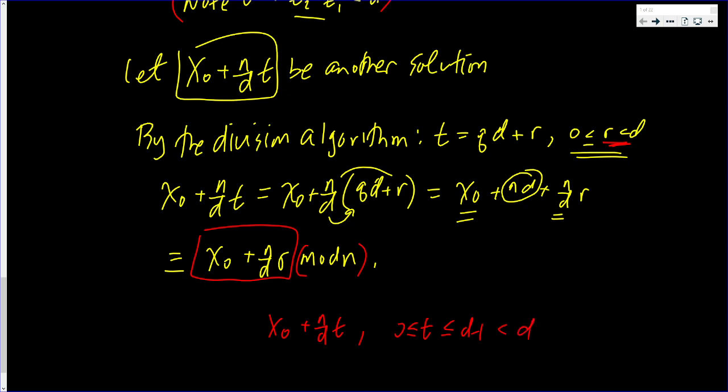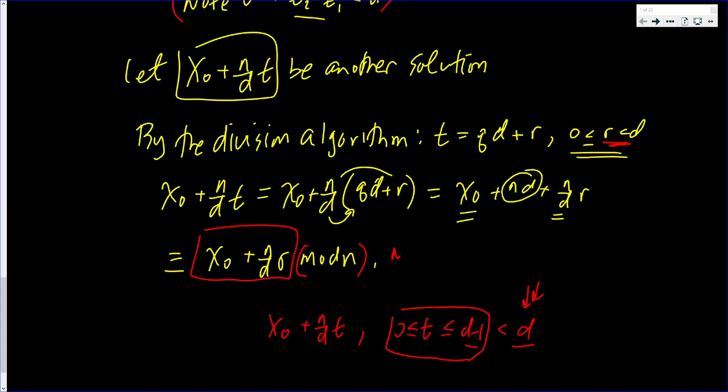Well, r is less than d. d minus 1 is less than d. In fact, d minus 1 is the largest integer that's less than d. That is, r is in between 0 and d minus 1.